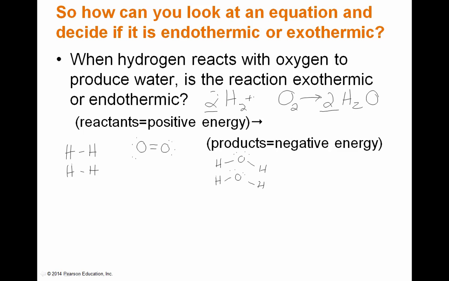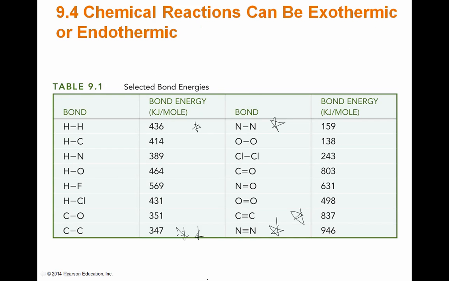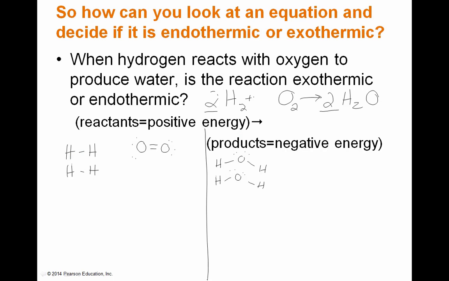Okay. So now what you do is you take all of your reactants and figure out the bond energy for each one of them, and then you subtract the bond energy of each of our products. So here are our reactants on the left and our products on the right. How much energy is stored in a hydrogen to hydrogen single bond? 436 kilojoules per mole, times how many moles of them do we have?